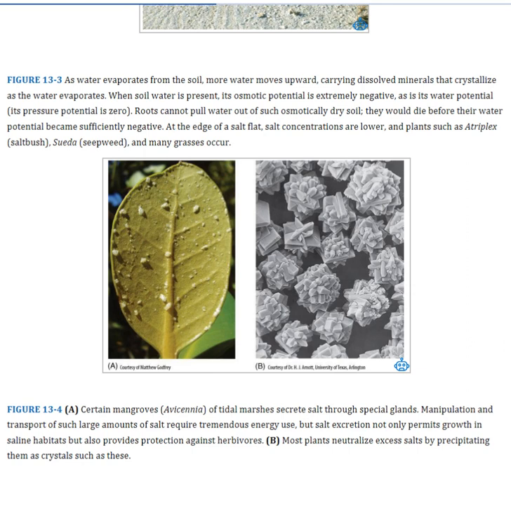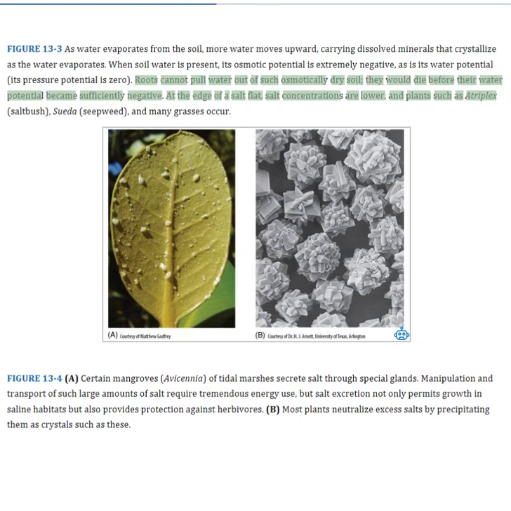Figure 13.3 As water evaporates from the soil, more water moves upward, carrying dissolved minerals that crystallize as the water evaporates. When soil water is present, its osmotic potential is extremely negative, as is its water potential. Roots cannot pull water out of such osmotically dry soil; they would die before their water potential became sufficiently negative.